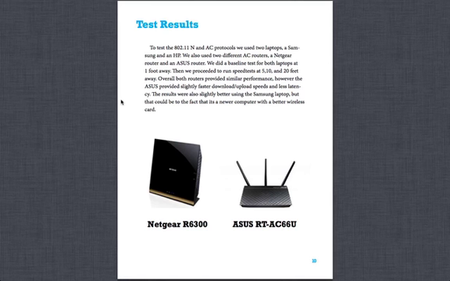So, test results. For all 3 devices using speedtest.net, the Netgear R6300 and Asus RT-AC66U performed pretty well. They both did equally well. Very, very fast speeds, much faster than the wireless N standard.